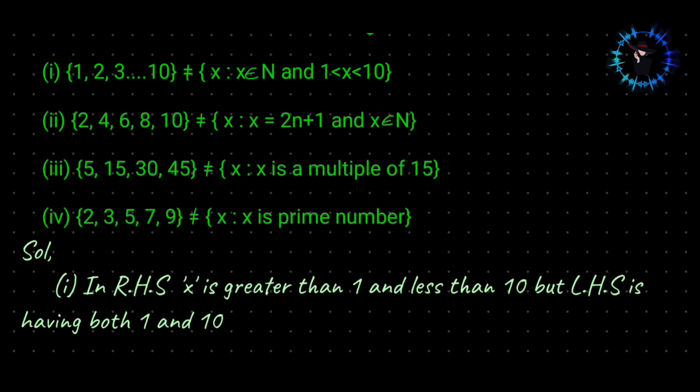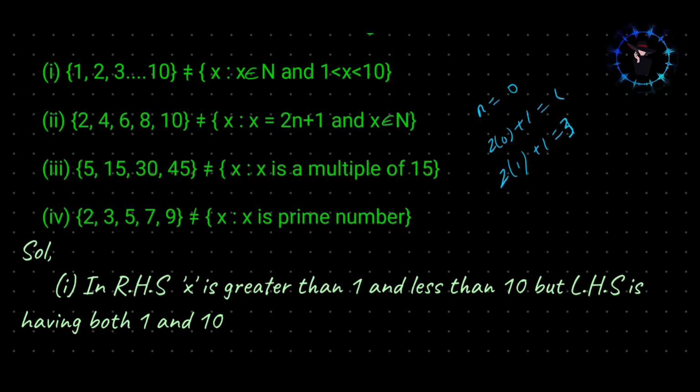It is not equal. 2, 4, 6, 8, 10 not equals to 2n plus 1, x belongs to natural number. So if we substitute any values from 0, 1, 2 and so on in the place of n, we will see if we substitute n equals to 0, 2 into 0 plus 1 which is equals to 1. If n equals to 1, so what is the answer? 2 into 1 is 2 plus 1, 3.